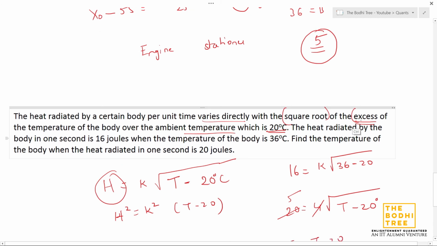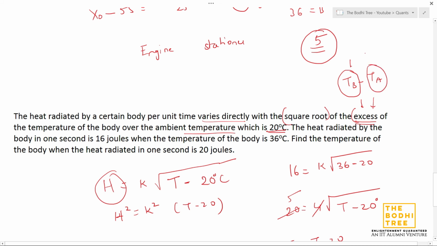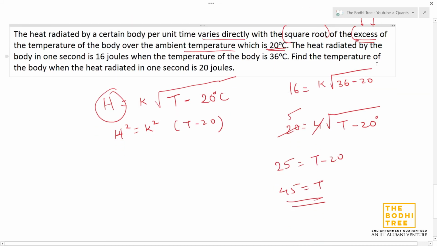Even here we have excess, which is nothing but one parameter subtracted from a similar second parameter. In this case we have two temperatures, the temperature of the body, TB, and the ambient temperature, TA. We are taking the difference because they have said excess. So the excess temperature of this body compared to the ambient temperature, therefore again we are taking the difference.